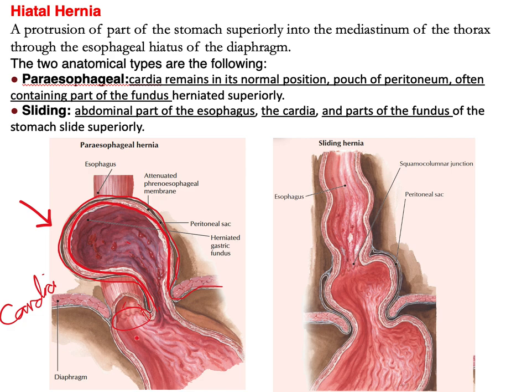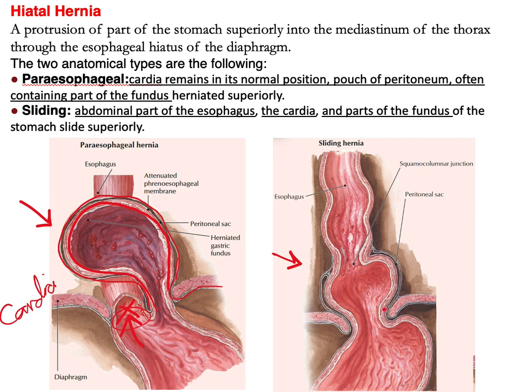That means the physiological sphincter here will not be affected. So there will usually be no regurgitation of gastric content up, because the cardiac orifice is in its normal position. There will usually be no GERD or acidity, or regurgitation.